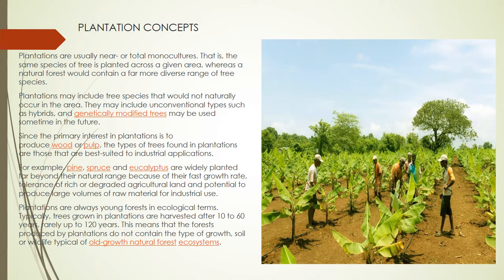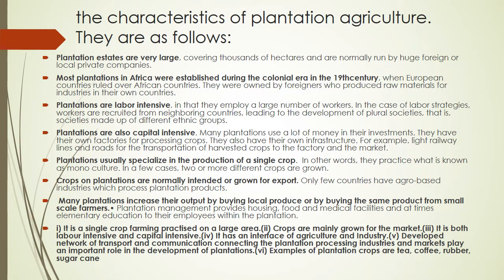So, in plantation, you can also have forests where the plants are harvested after 10 to 60 years, or up to 120 years. So forest-based products can also be grown in plantation type agriculture. What are the characteristics of plantation agriculture?